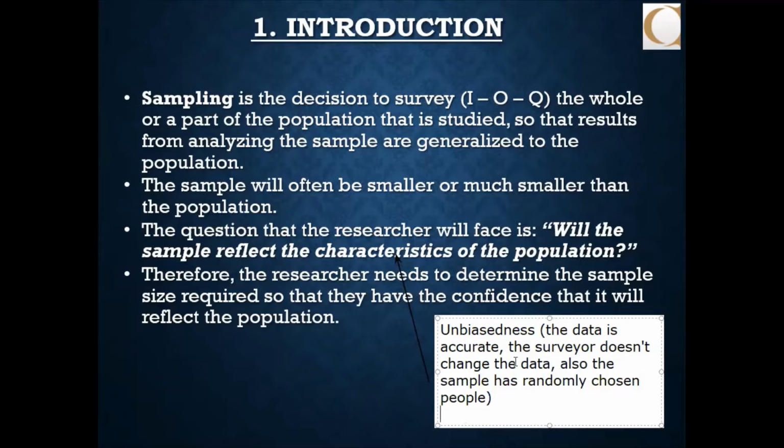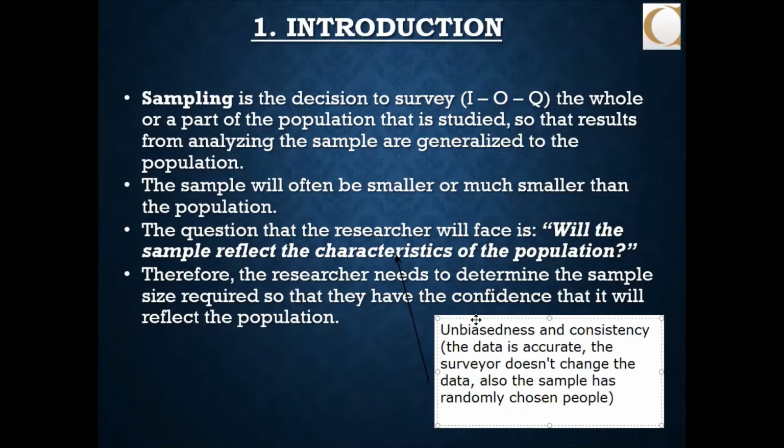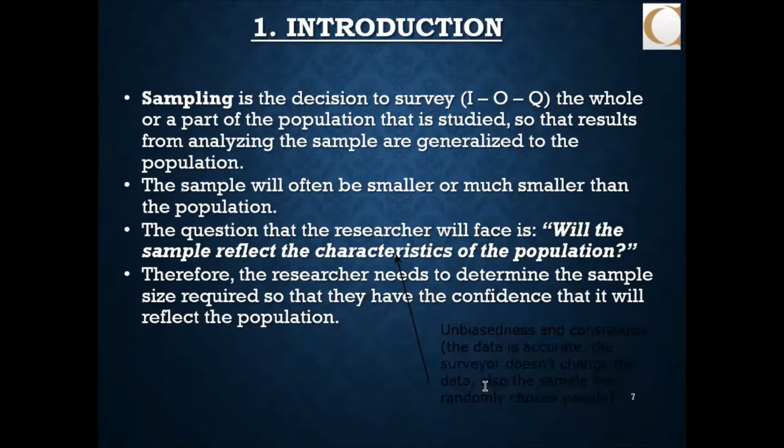So that's a big part of it. If you have this, then you're gonna be fine. You're gonna have good data. So yeah, it has to be randomly selected. You have to choose the people randomly.